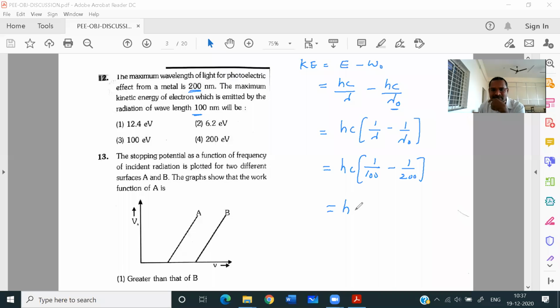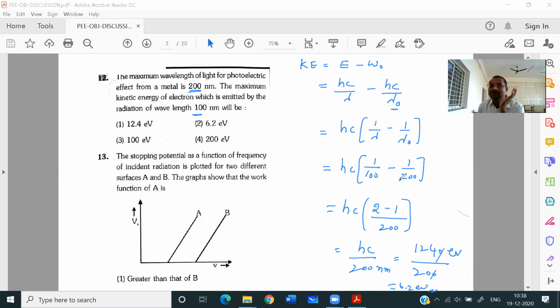The LCM is 200, so you get 2 minus 1, which means hc by 200, in nanometers. In nanometers it will be 1240 electron volt upon 200. So the zero cancels, and it comes out to be 6.2 electron volt. Perfectly, we got it. You can do it like this also.